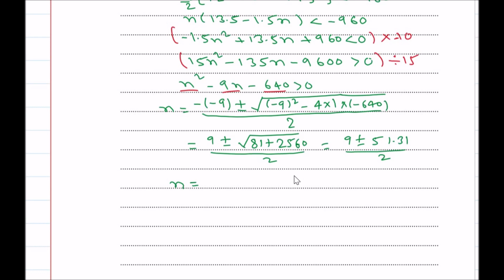Now we get n equal to 30.195. Let me write both the values, one positive, one negative, and n equal to, we got minus 16.695.